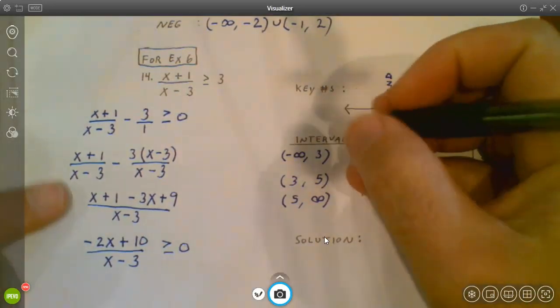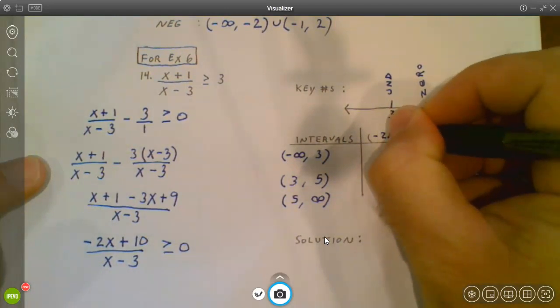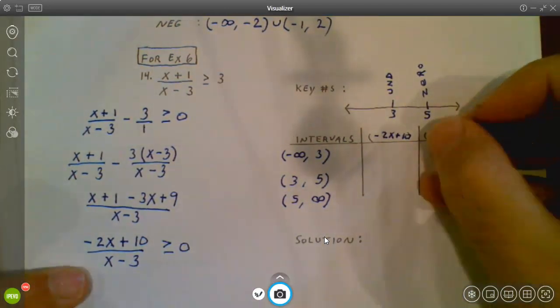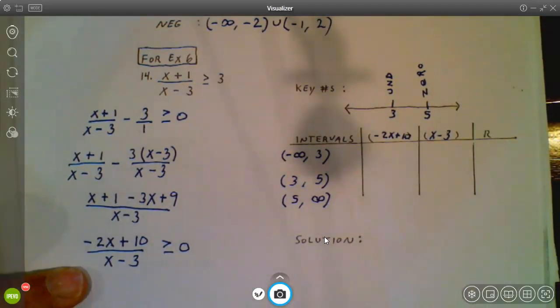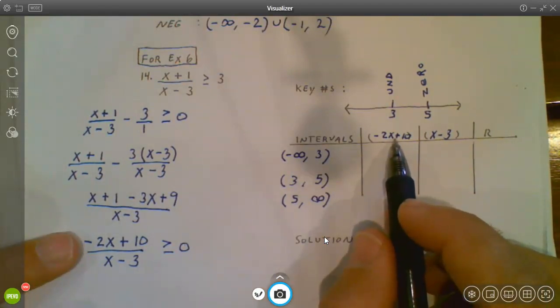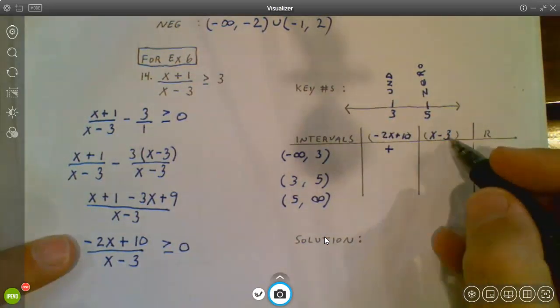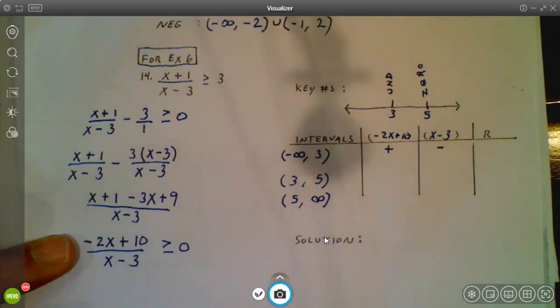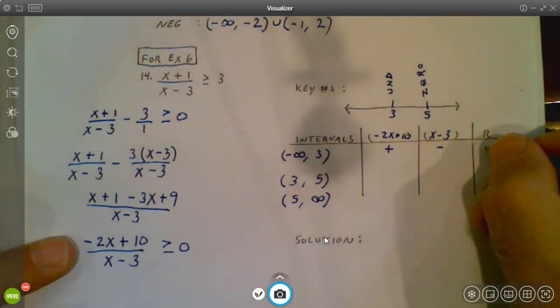So I need to look at my negative 2x plus 10, and I need to look at the x minus 3 for what I would be plugging this into. So if I picked a number like 0 and plugged it in right here for x, I can see that the numerator would be positive and my denominator would be negative. So a positive divided by a negative is overall negative.